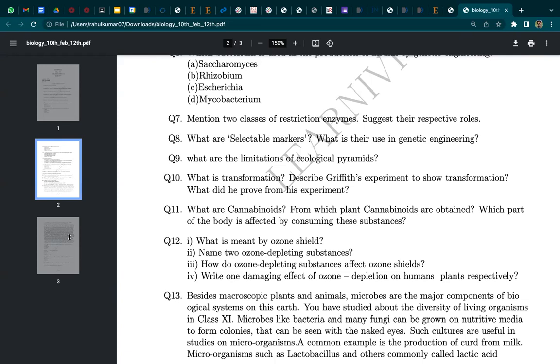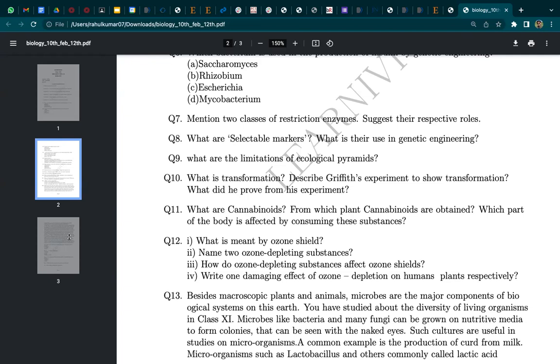That was because of a particular gene that produces a mucopolysaccharide layer on the cell wall that makes the bacteria look shiny and smooth. So that is what gave the name S strain. S strain used to kill by causing pneumonia. R strain was not lethal. It used to stay dormant and not cause pneumonia.